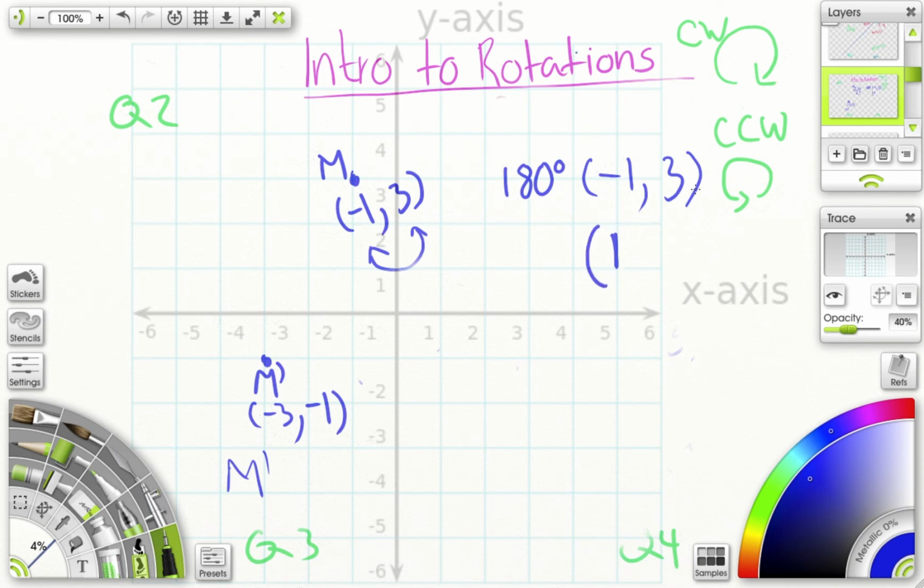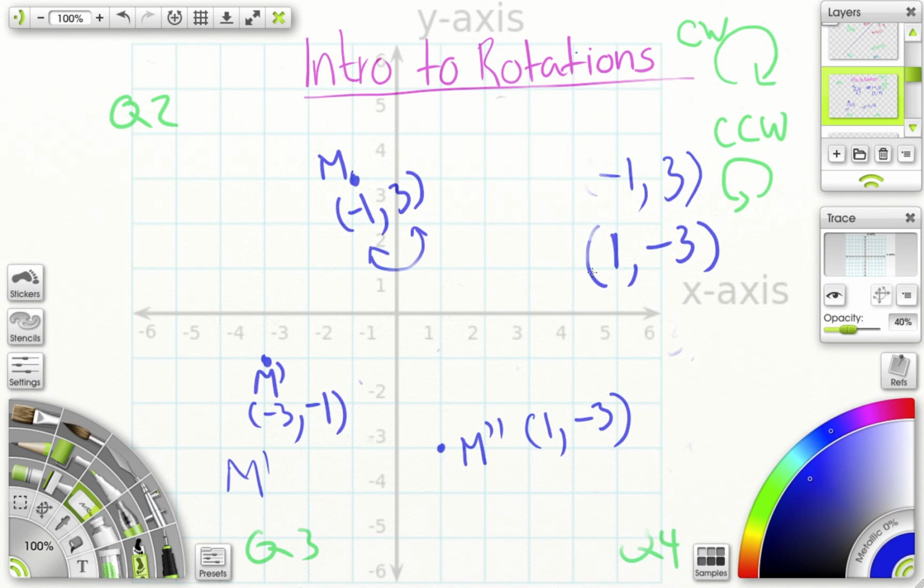My second digit was positive, so it's going to become a negative. Okay, so 180, x and y stay in the same positions. You just do the opposite integers, whatever those are. Okay, so I go 1, -3. That is my M prime prime, which is 1, -3. Okay, I'm going to write out these rules at the end. So I'm going to just do an example of a coordinate, and I'm going to show you how those rules work. All right, so that's my 180.